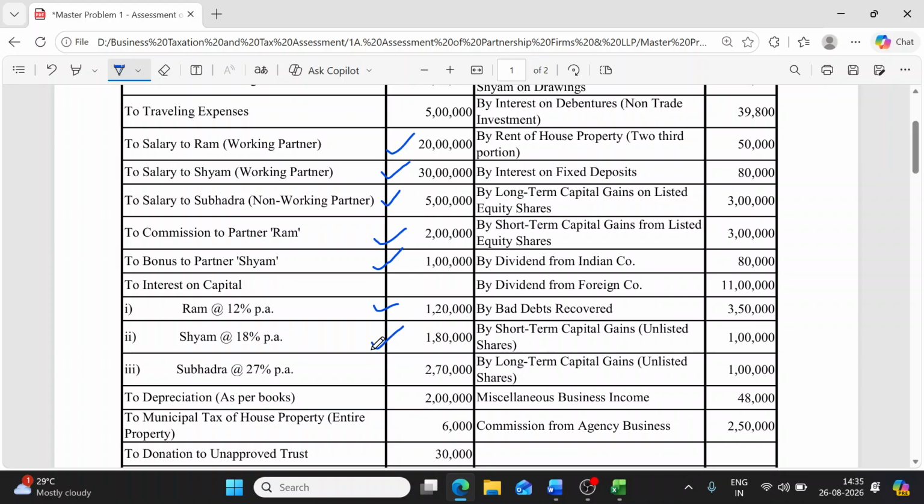In the same way, we will do the calculation for Subhadra, because she has been paid interest at the rate of 27% per annum, and in total she received 2,70,000 from the partnership firm as interest on her capital.